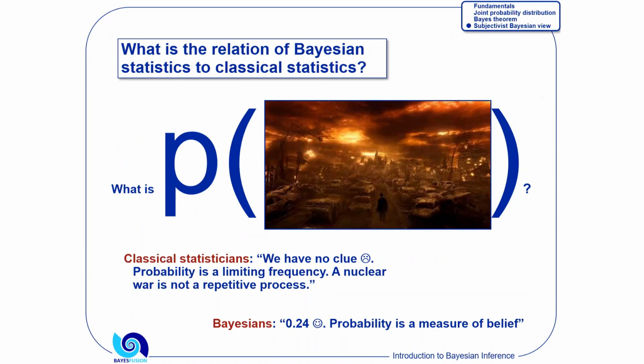A Bayesian will have no problem telling you 0.24, 0.55, 0.01, can produce a number because that number will be a measure of personal belief. Each one of you, in fact, can give me that probability if I sit down with you, offer you a coffee or a bottle of beer. You can probably, after some time, give me that probability.